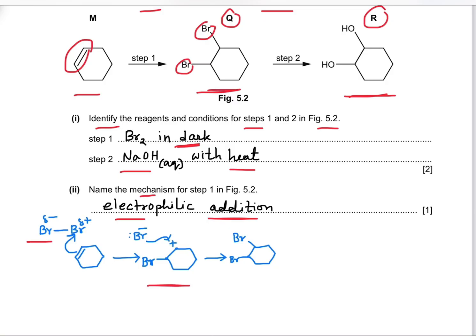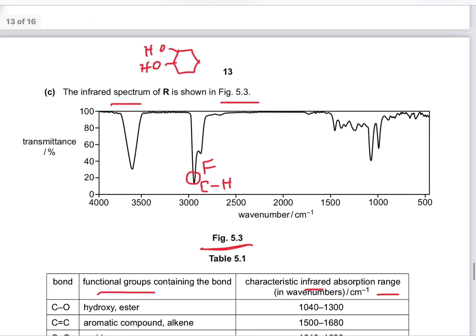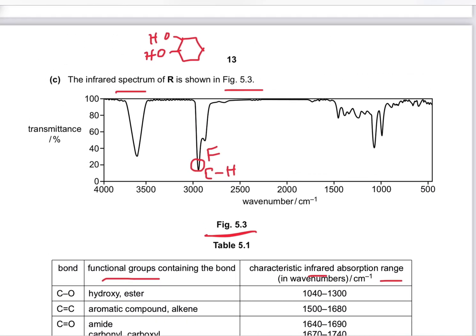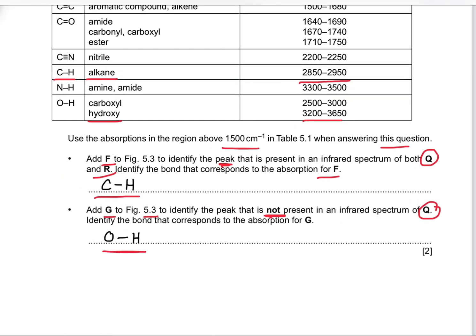Here is our Q. So in Q we don't have the two hydroxyl group as R. So from the table 5.1 we can check the OH hydroxyl will give absorption peak at 3200 to 3650. In the infrared spectrum we have a peak around 3600 for G, and the bond is hydroxyl bond. So the answer will be OH or hydroxyl bond.